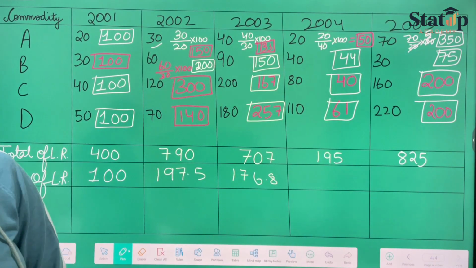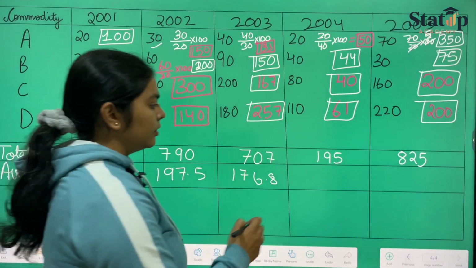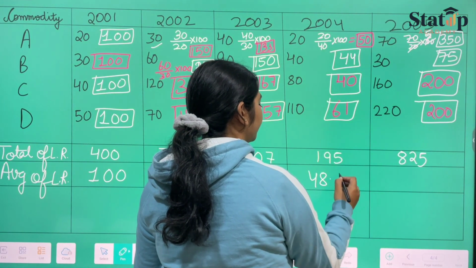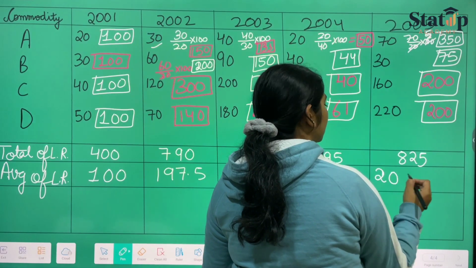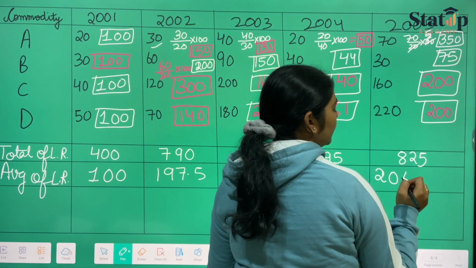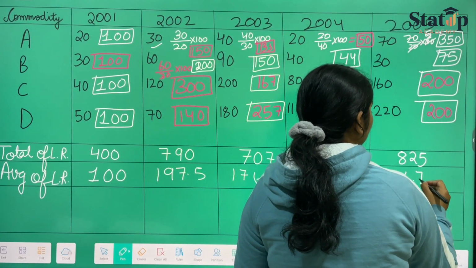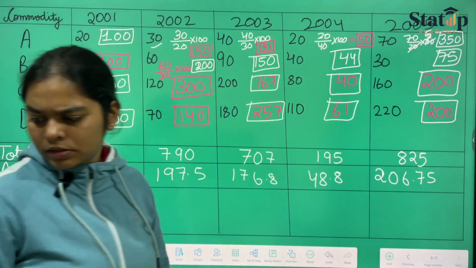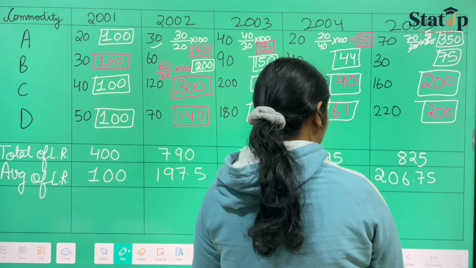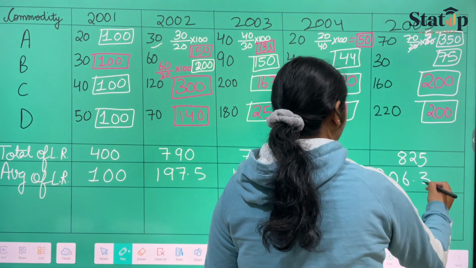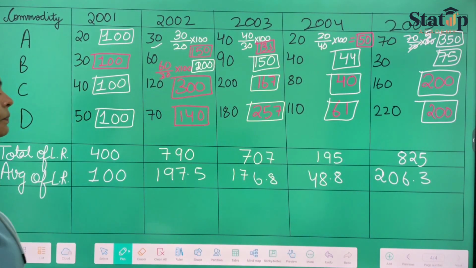Now the other will be 48.8 and this will be 206.75, I guess. Okay. So this is our average of LR.